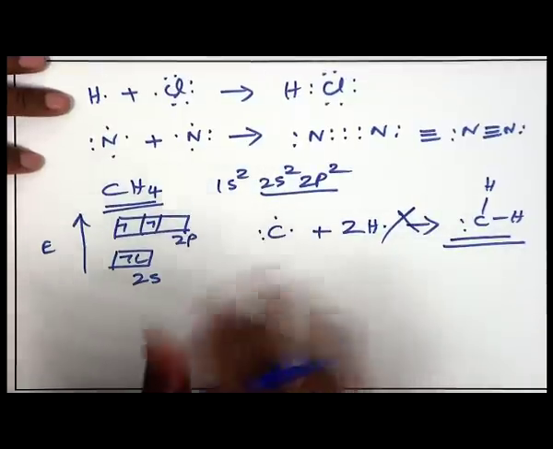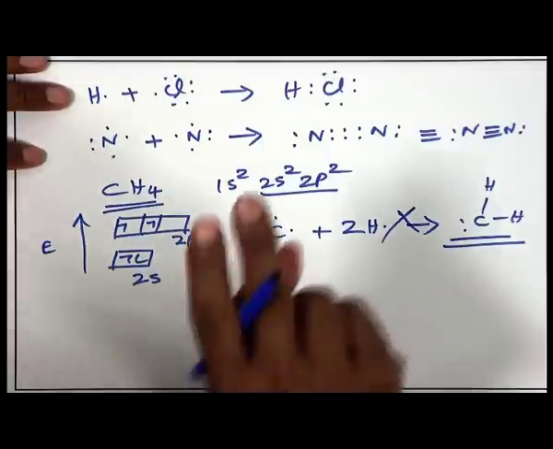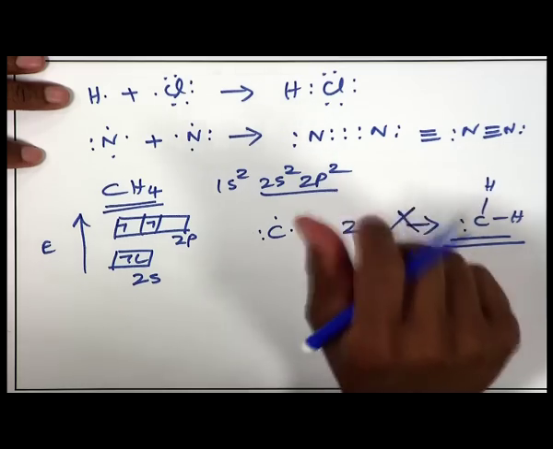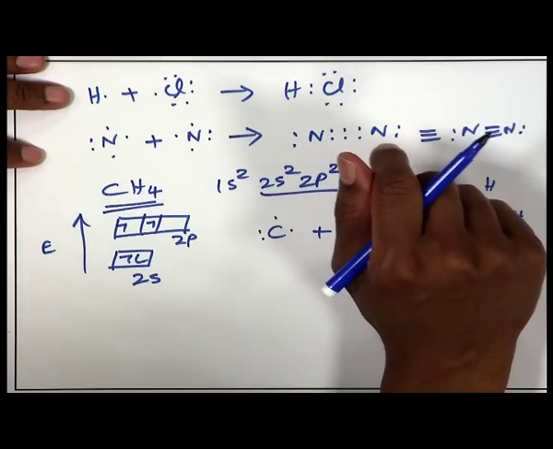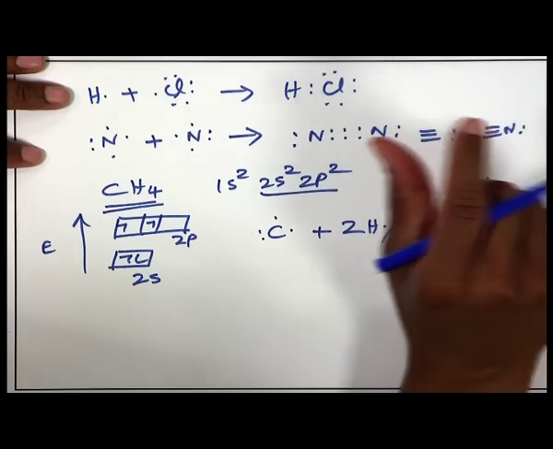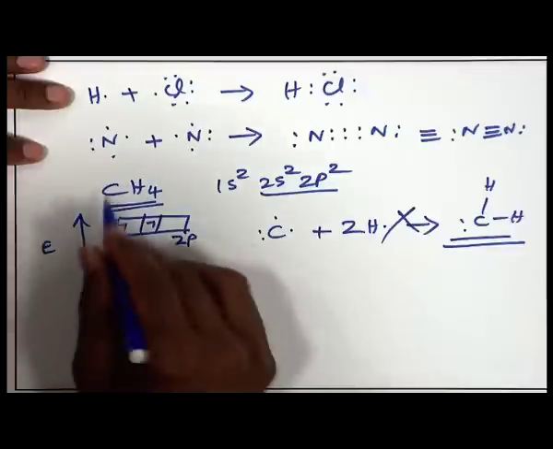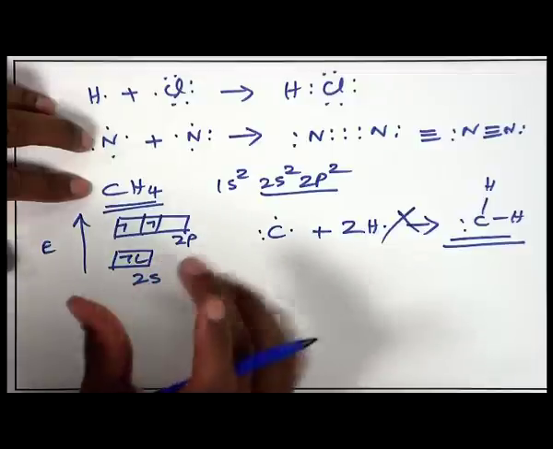Why do we need 4 unpaired electrons? Because a pair of electrons is needed to form a bond. One atom gives 1 electron, another atom gives another electron, and a pair is formed, so a bond is formed between the 2 atoms. So carbon has to have 4 unpaired electrons to form 4 bonds.